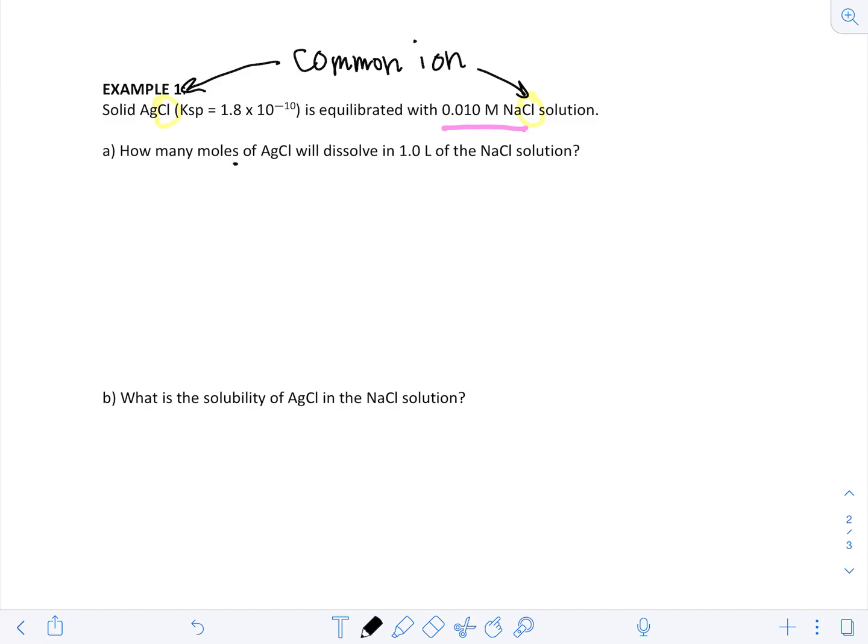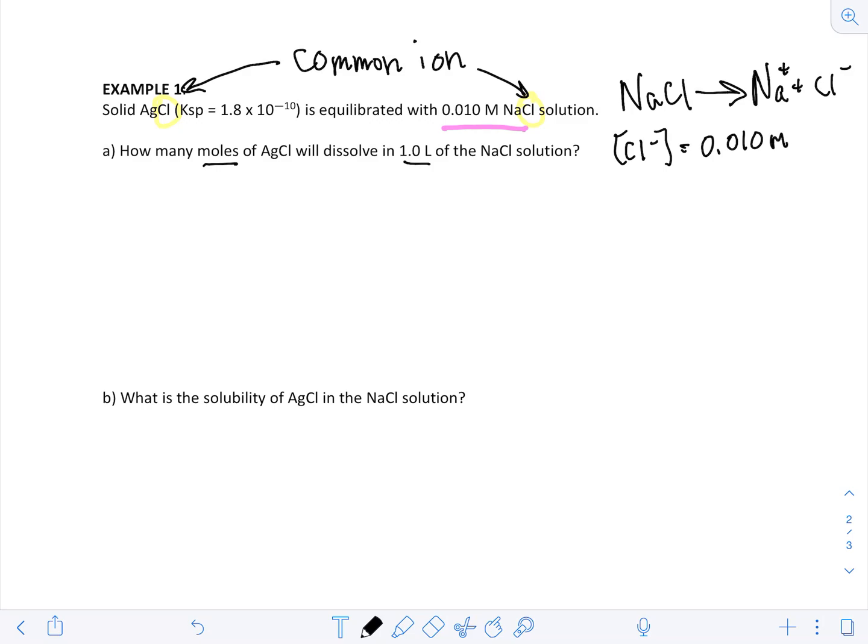They want to know how many moles of silver chloride will dissolve if you have 1 liter of this solution. We're going to assume that NaCl will completely dissolve, meaning sodium chloride is one of those solids that will completely dissolve. So if we have 1 liter, we're going to have 0.01 molar of chlorine ion.